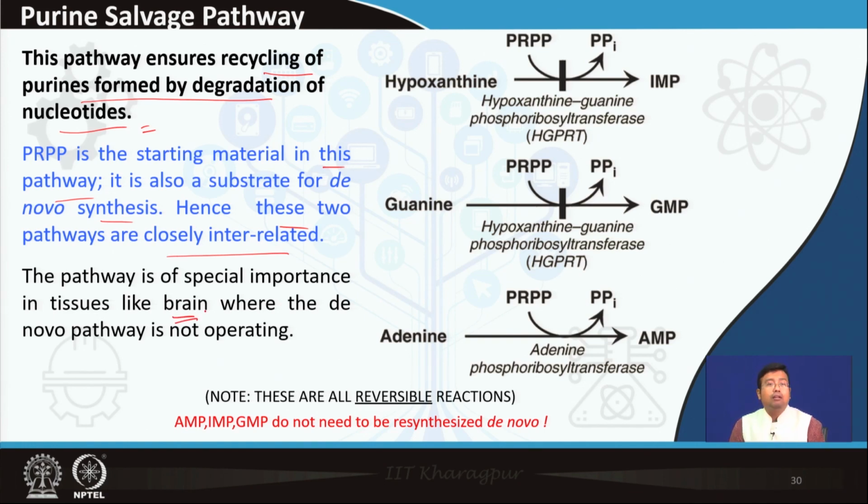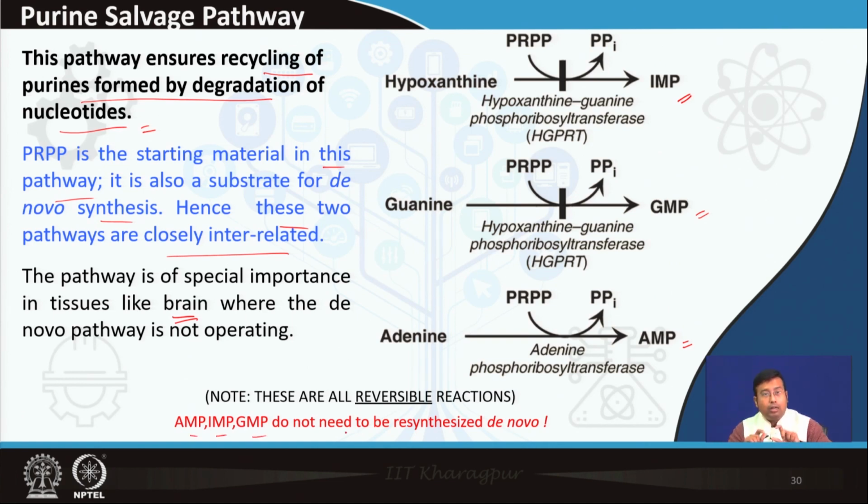Since the purine salvage pathway becomes very essential, the demand for IMP, GMP and AMP can still be met, because all of these reactions are reversible and ultimately AMP, GMP, IMP do not need to be synthesized and resynthesized de novo.